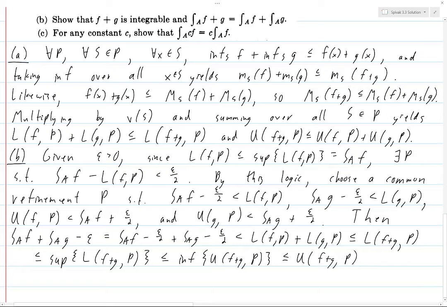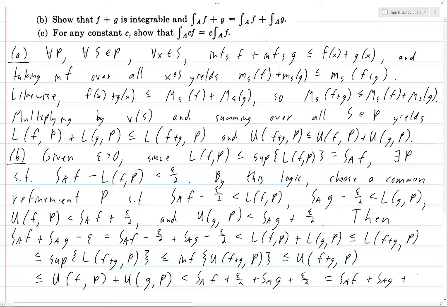And we know again from part A that this is less than or equal to U(f, P) plus U(g, P). And now by our choice of P, this is strictly less than the integral over A of f plus epsilon over 2 plus the integral over A of g plus epsilon over 2, which is precisely the integral over A of f plus the integral over A of g plus epsilon.